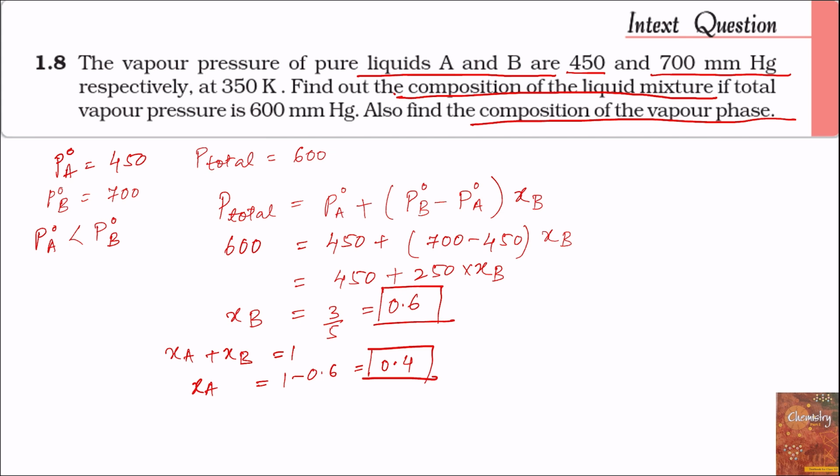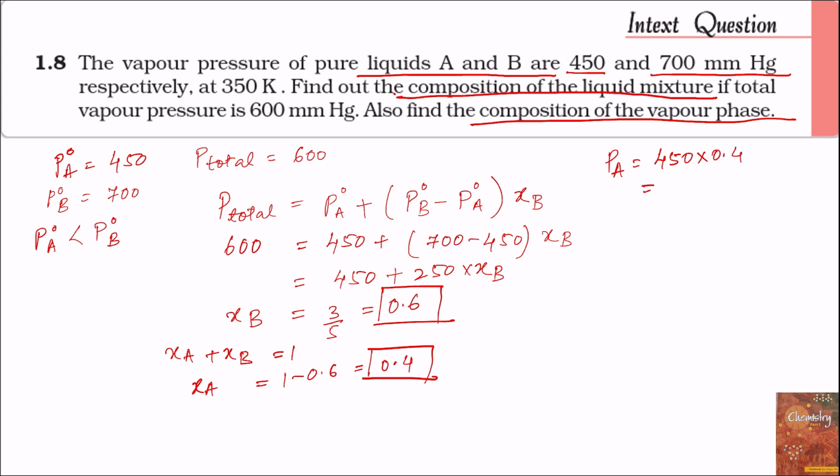Now to find the composition of the vapor phase. Now partial pressure of A in vapor phase is equal to pressure of pure A, that is 450 multiplied by mole fraction of A, which is equal to 0.4.